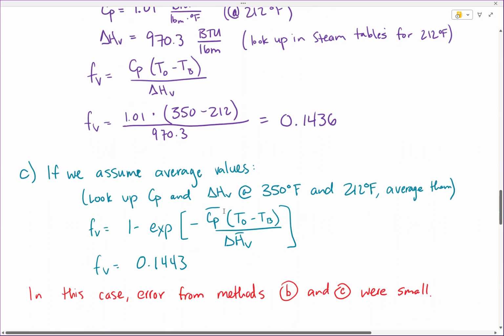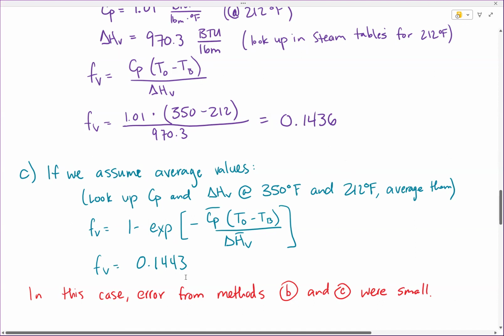The more correct way to do it, or the one that's going to be closer to the true value, is assuming the average values. So once again, I'll look up the CP and the delta HV at the other temperature, at 350, the original temperature, and then I'll average those with the values that I got from 212. Then I'll plug them into my expression, and I will get that the fraction vaporized is still a little bit less than 15%.